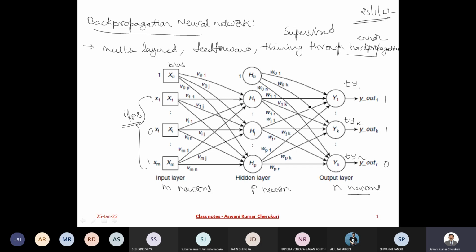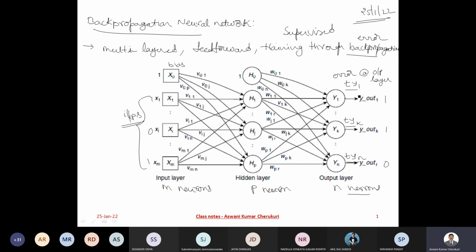Then what happens: once you propagate the activation from input to hidden and similarly from hidden to output, we calculate the error at the output layer. Calculating the error at the output layer is somewhat easy, in the sense that you have a known target at each node in the output layer.